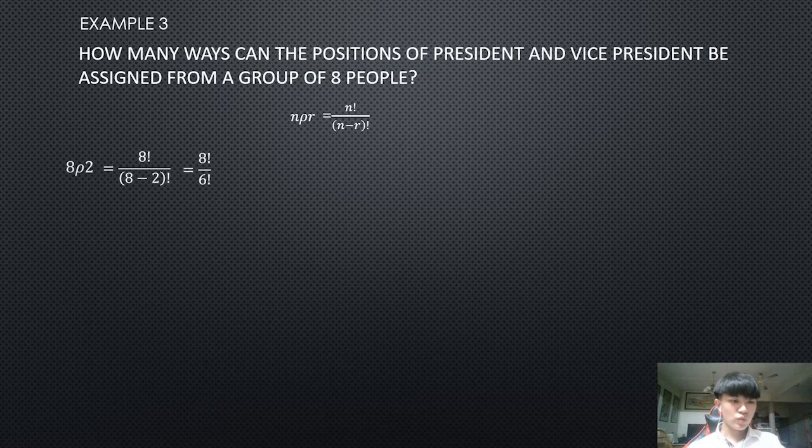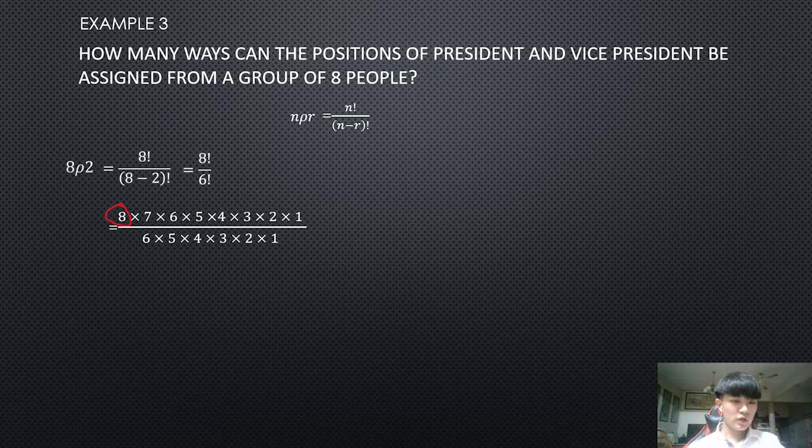What actually is 8 factorial? 8 factorial is 8 times 7 times 6 times 5 all the way to 1. It starts with this number and multiplies 8 by every integer all the way to 1. As I said, 6 factorial is like above, which multiplies 6 by every integer all the way to 1.